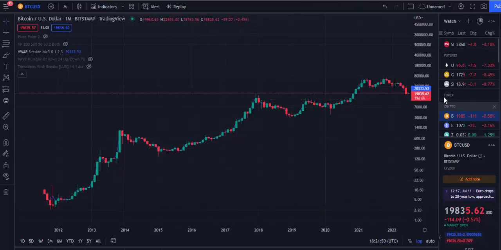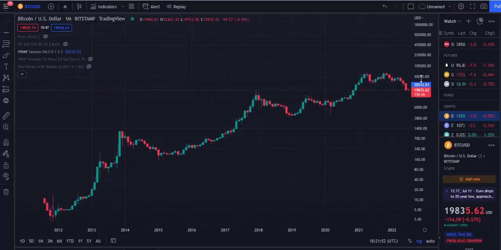So here is the entire market lifespan of BTC. We started trading here in August 2011. In August 2011, Bitcoin started trading. This candle started around $7.7. You can see my mouse.